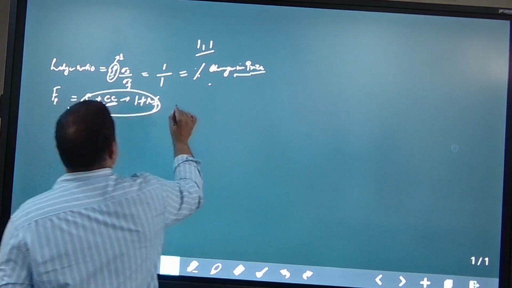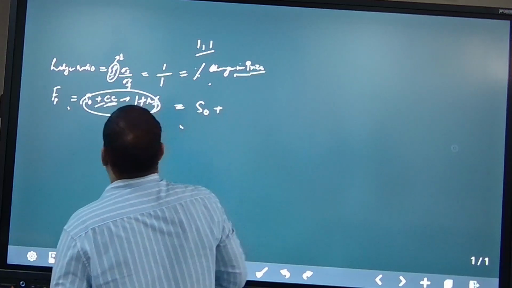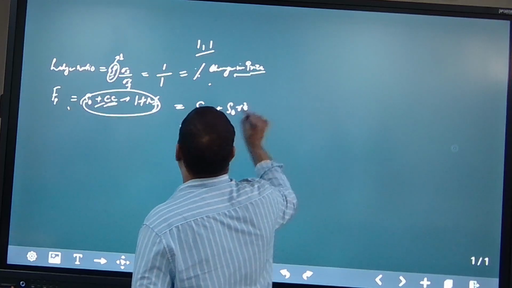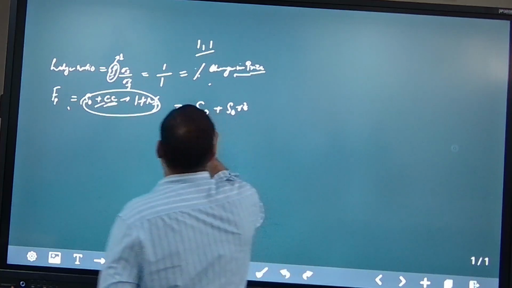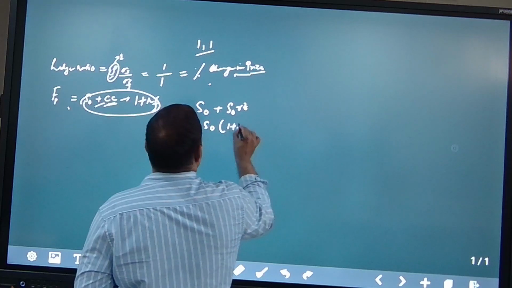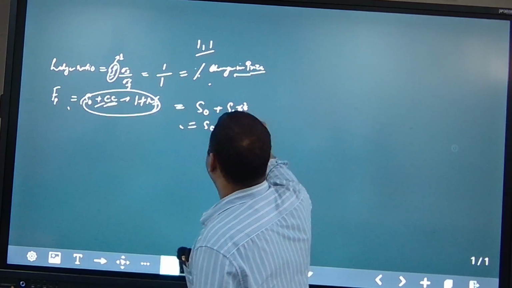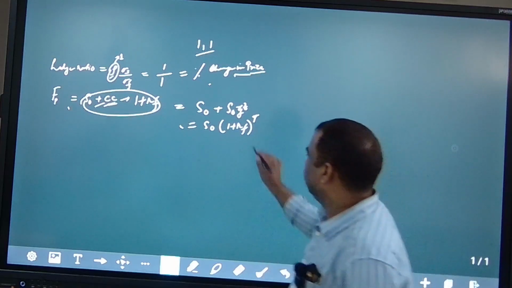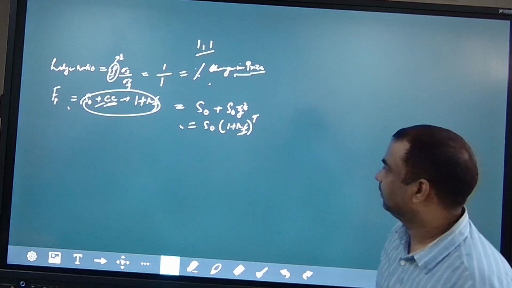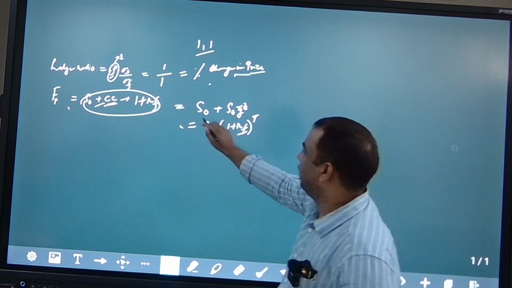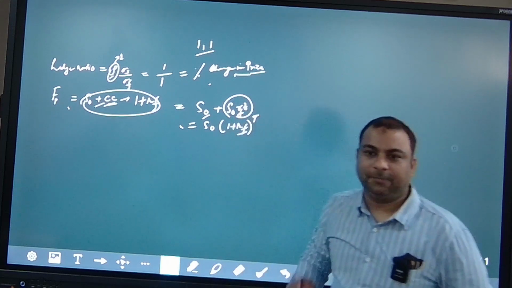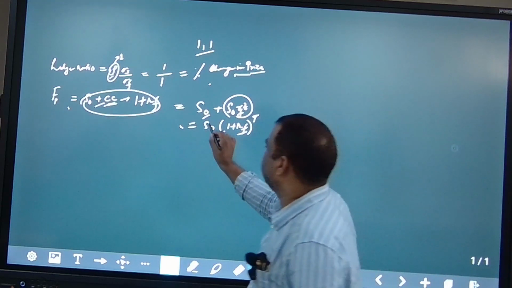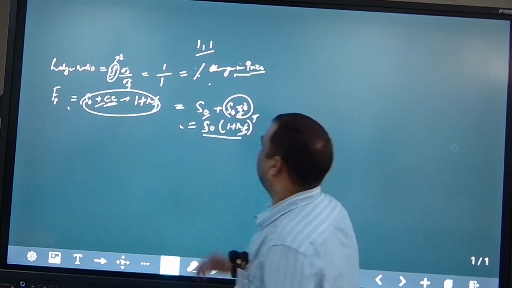This is the simple, S naught plus S naught RT, you can write like this, and you can take S naught (1 plus RF) to the power T. Simple formula is this. This is the risk-free rate. This is the spot price, and this is the risk-free, means value of interest rate. So this is a simple formula of cost of the carry model.